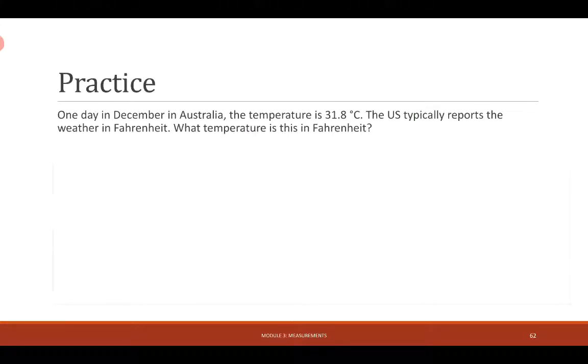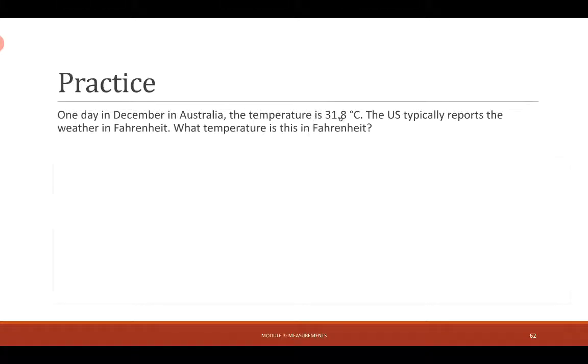Here's a practice problem for you. It says one day in December in Australia, the temperature is 31.8 degrees Celsius. The U.S. typically reports the weather in Fahrenheit. What temperature is this in Fahrenheit? Go ahead and pause the video and try to work this out. Unpause the video when you are ready. Okay, let's go over this.